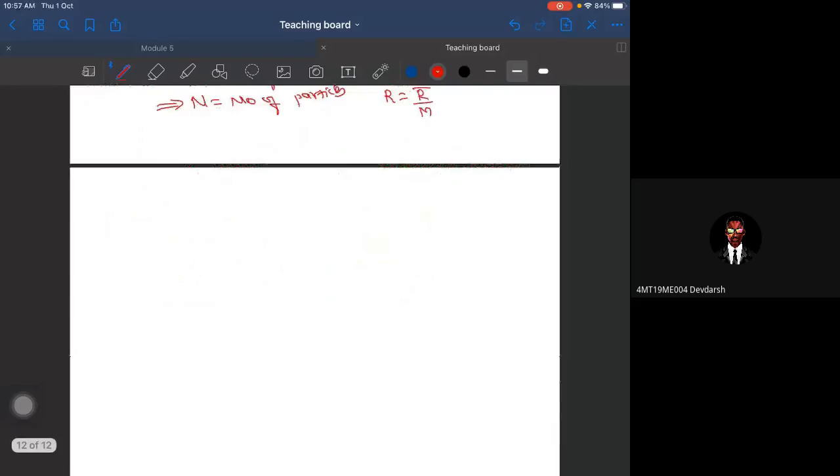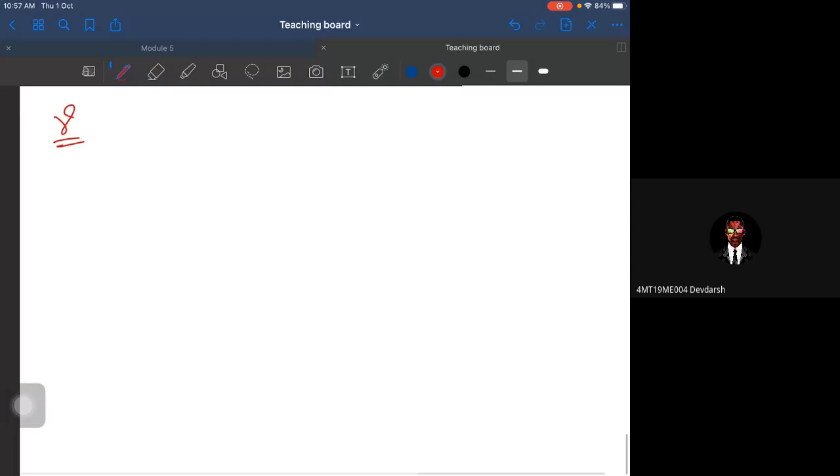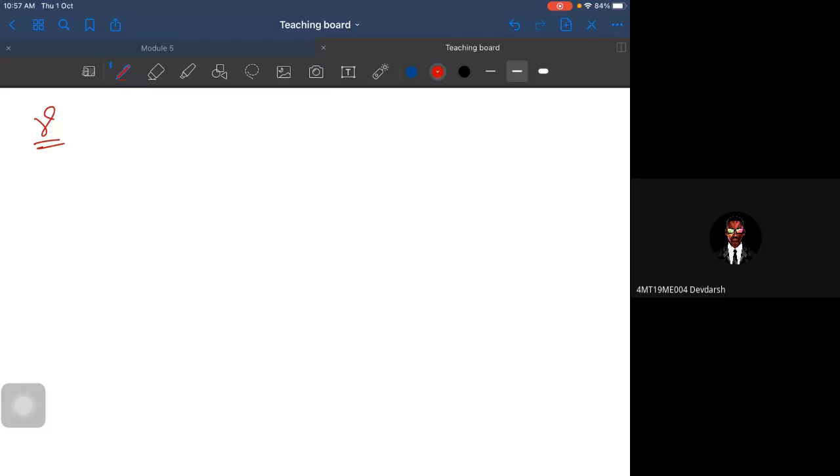Now, what is small v? Yes, Marvin? Specific volume. So specific volume is the volume divided by the mass of the substance.